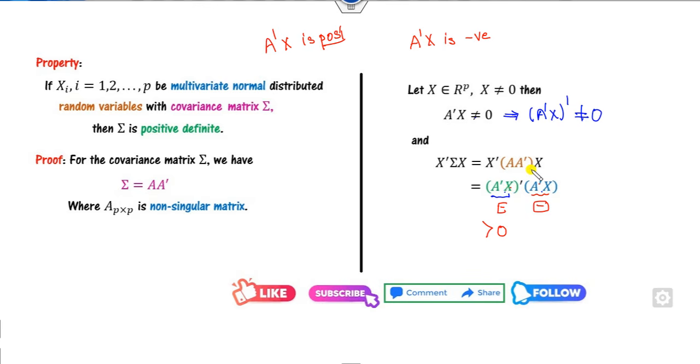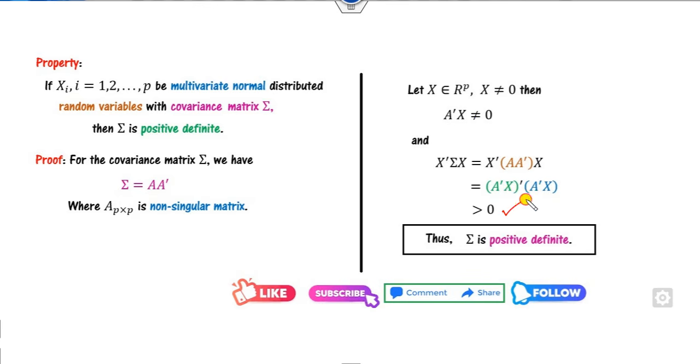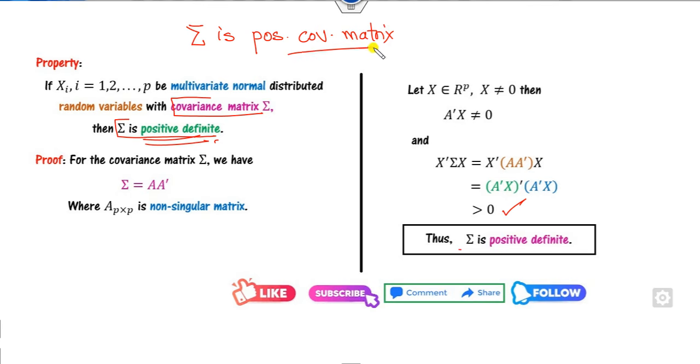So in both cases, it is greater than 0. Hence, sigma is positive definite. Fine. So what does it mean? Sigma is positive definite, sigma is my covariance matrix. So I can say sigma is a positive definite covariance matrix. Fine.